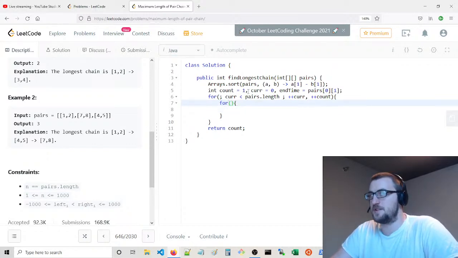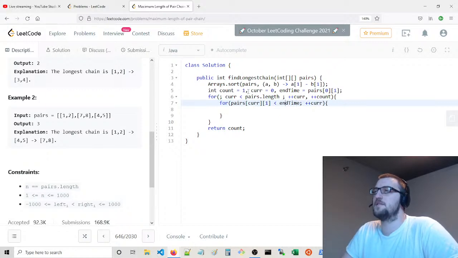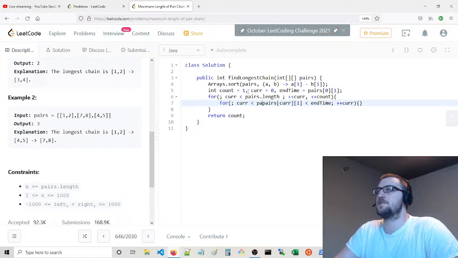Another for loop. So as long as the end time of the current pair is less than the current end time. I think I'm doing this wrong. And really just increment this each time.